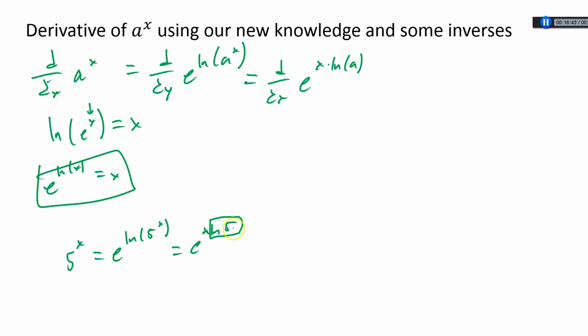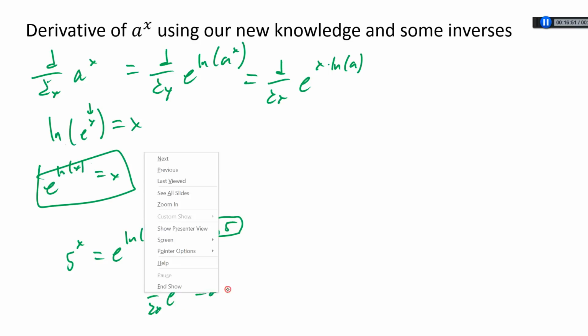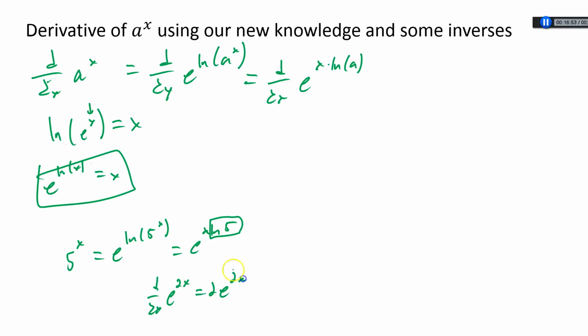It's a constant. So if we think about this, like if we're doing the derivative of e to the 2x, the derivative of e to the 2x would be 2 times e to the 2x. Right? You leave the baby function alone, multiply by the derivative of the baby. There it is. So natural log of 5 is like that too. It's a number. So this is a constant times x.